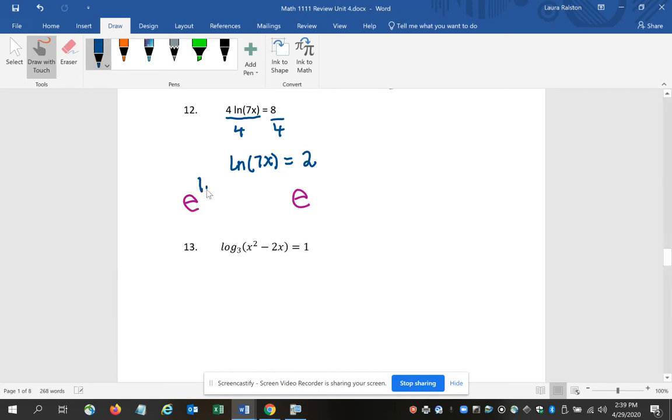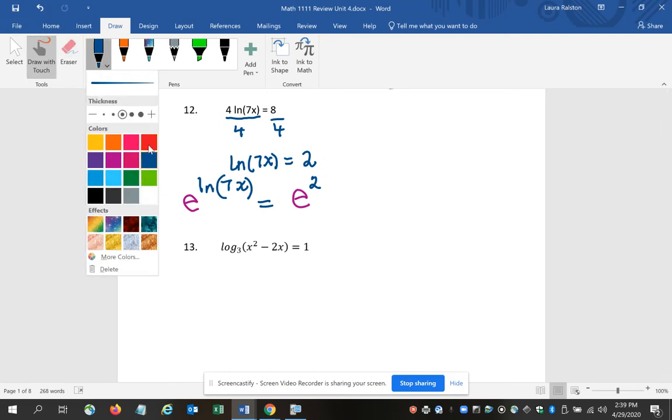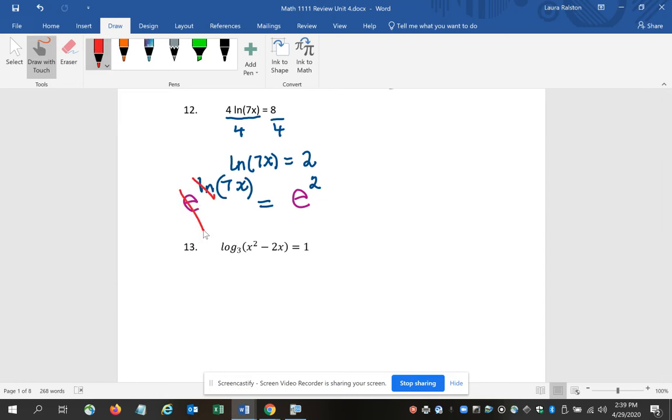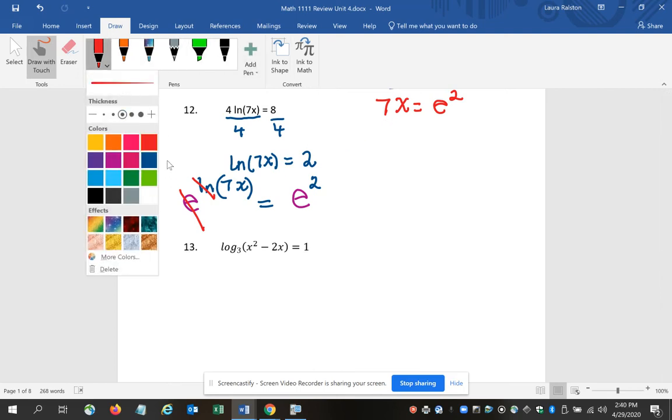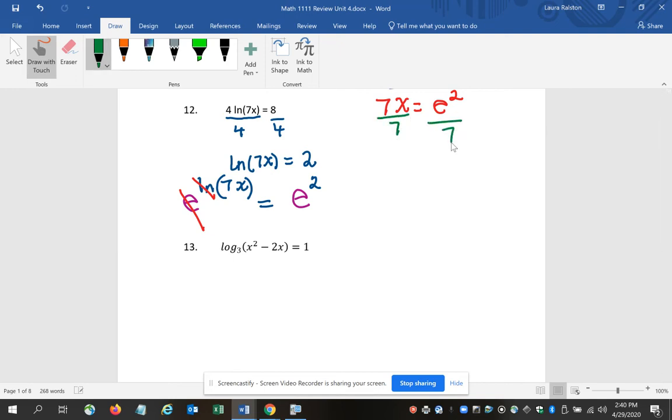So I have e to the natural log of 7x equals e squared. Again, the benefit of that is that the logarithm base e and the exponential base e divide out. So I have 7x equals e squared. I am trying to solve for x ultimately. So I would divide by 7 on both sides, so that I have x equals e squared divided by 7.